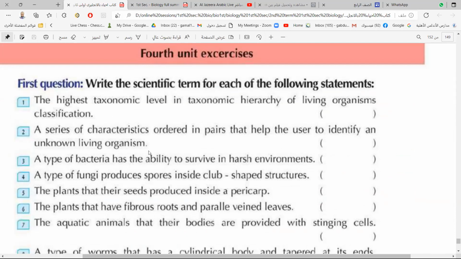Let's read the first question. Write the scientific term for each of the following statements. The highest taxonomic level in taxonomic hierarchy of living organisms classification. What is the highest level in taxonomy? Taxonomic hierarchy. Yeah, of course.